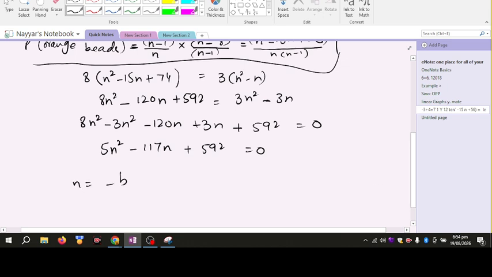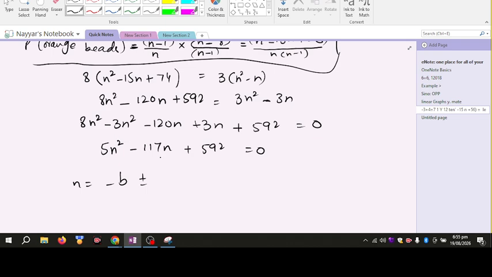You can see that this is our quadratic equation. We can solve a quadratic equation either with the quadratic formula, factorization, or completing the square. Right now it is convenient to use the quadratic formula as the values are bigger, so we won't go for the factorization method, and we also won't go for the completing the square method, because we don't have a perfect square at the start.